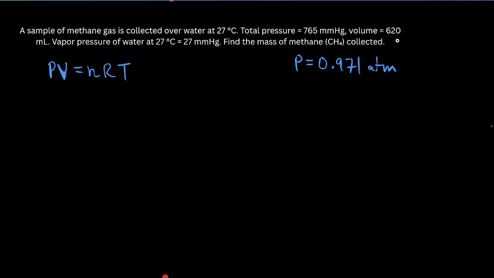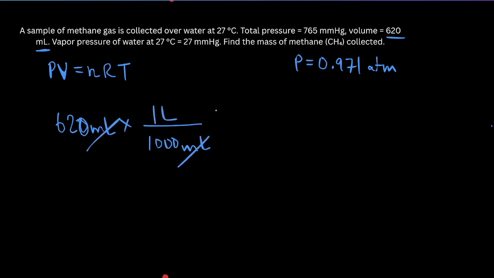We're given a volume of 620 milliliters. But remember, the ideal gas law requires us to deal with units of liters. We know again there are 1,000 milliliters in every liter. So we have 0.620 liters. This here is going to be the volume.